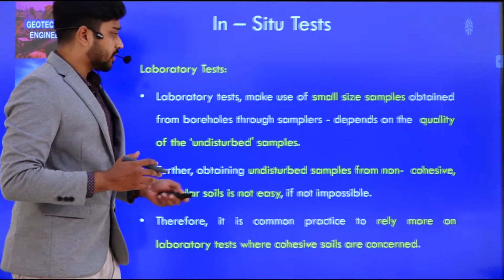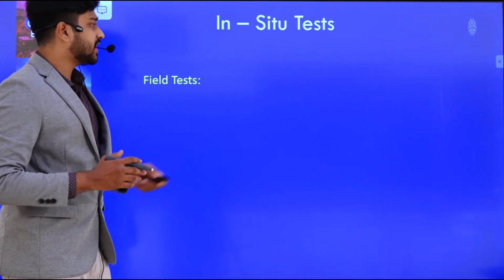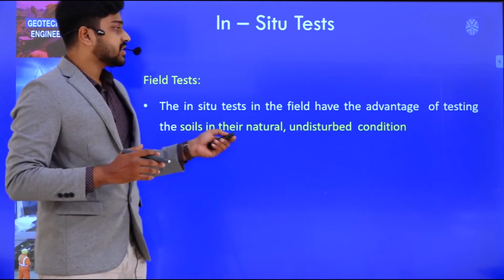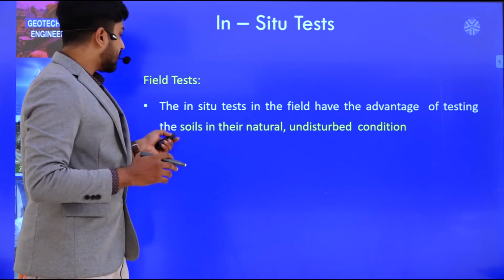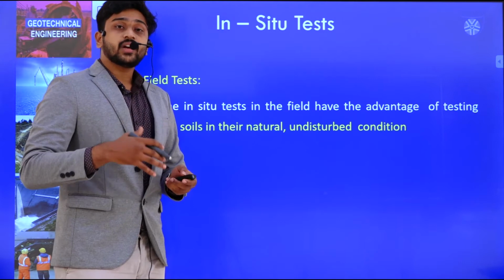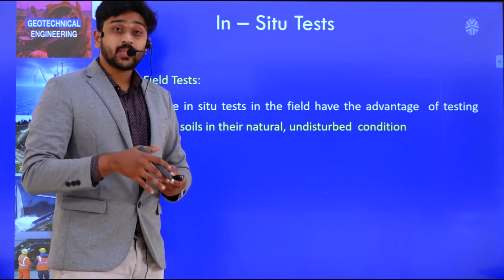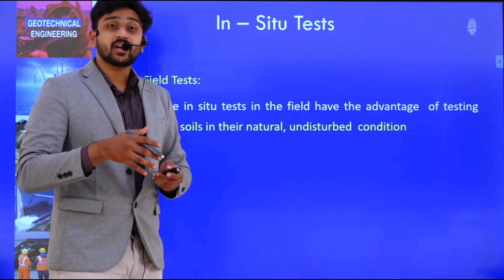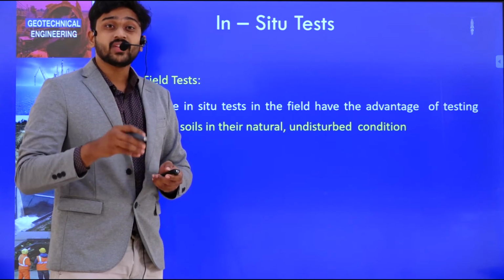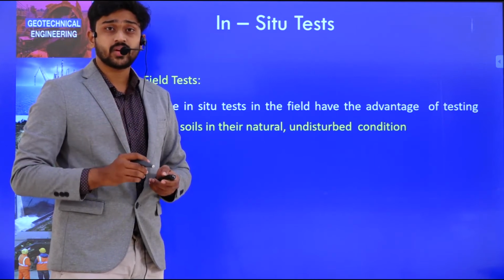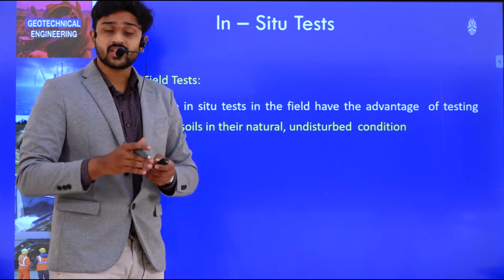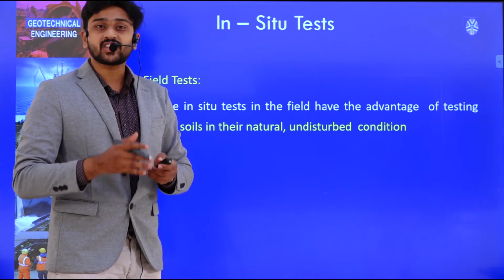Now, coming to the field tests. Field tests have the greater advantage that they can be carried out at the field itself, and at that particular location we can get the properties of the soil in an undisturbed state.